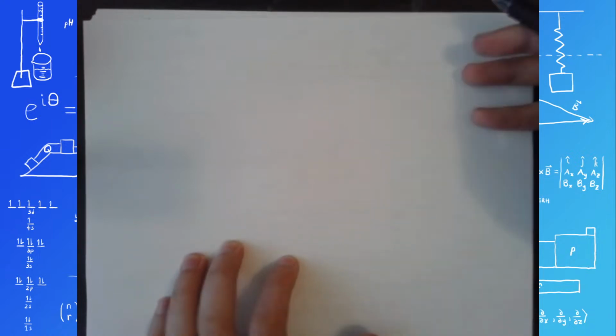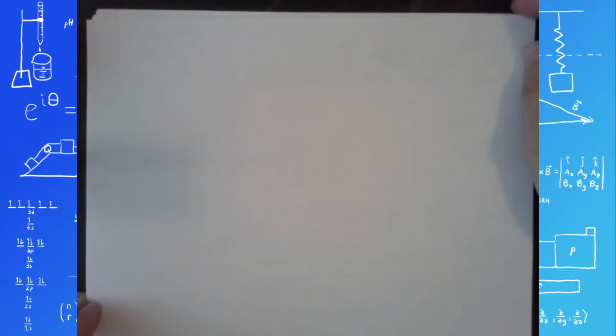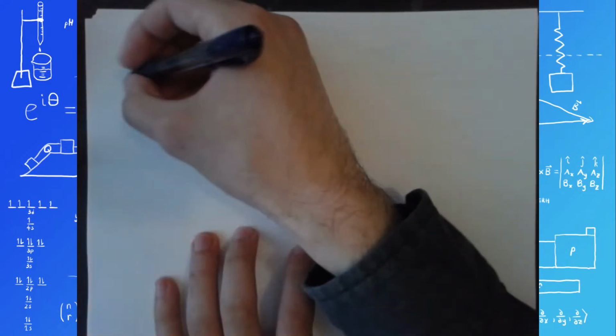Sometimes the thing that they ask for last is something you need to calculate earlier in the problem in order to solve some of the earlier things they ask for. Anyway, rambling aside, let's go ahead and draw this situation.